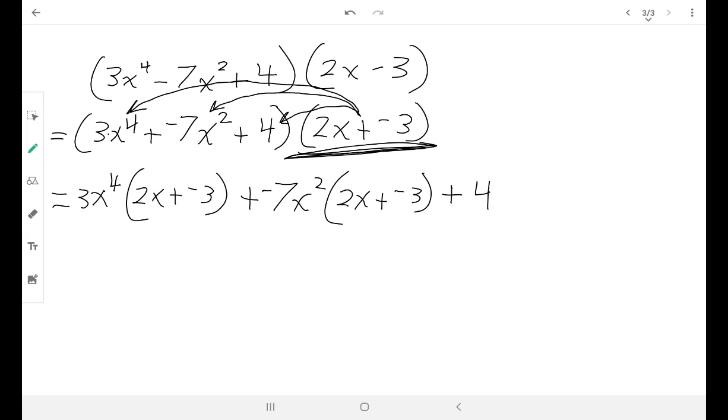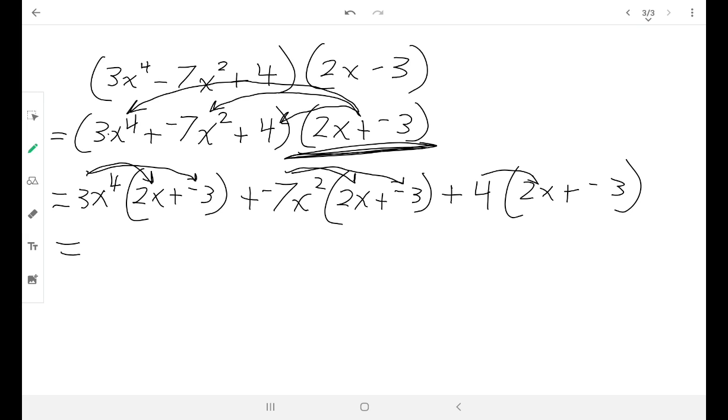And then the 4 right there, times all of this again. So times 2x plus negative 3. And that equals, and then you have to do all these smaller distributions in here, all these smaller multiplications.